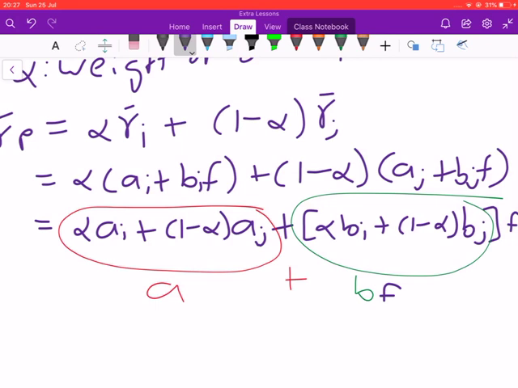So you can think about it this way, right? Anyway, if your beta is going to be 0, in this case you're going to say factor loading.